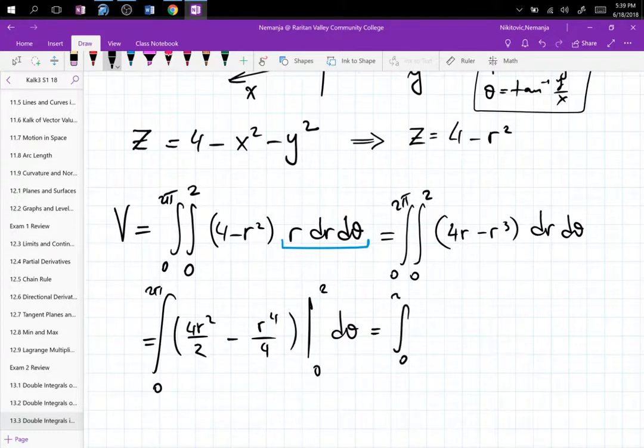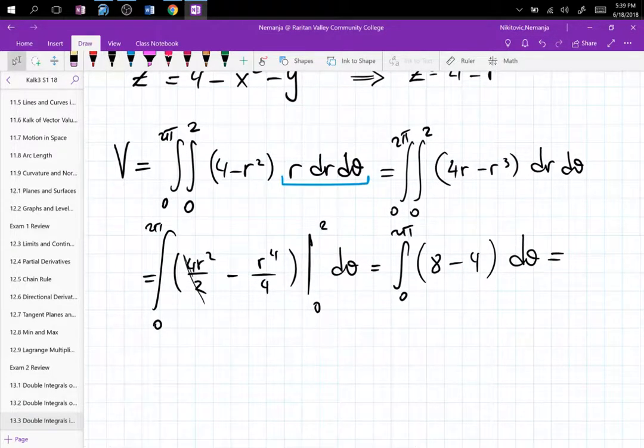So integral 0 to 2 pi, this drops down to 2. So when I plug in 2, it's 4, it's 8. Minus 16 over 4, which is 4. And then 0 just doesn't do anything there.